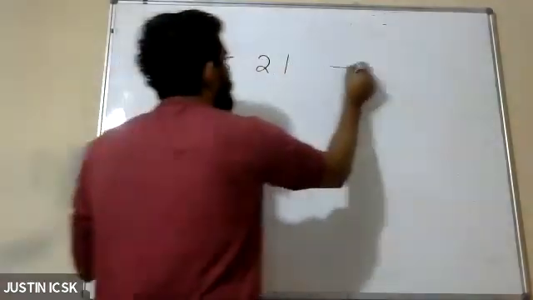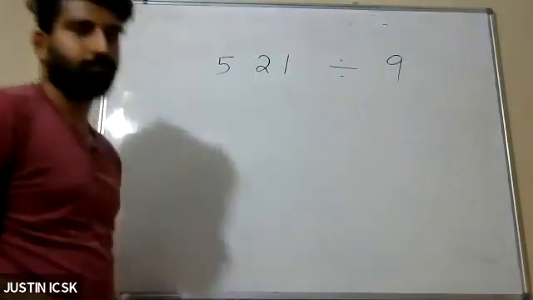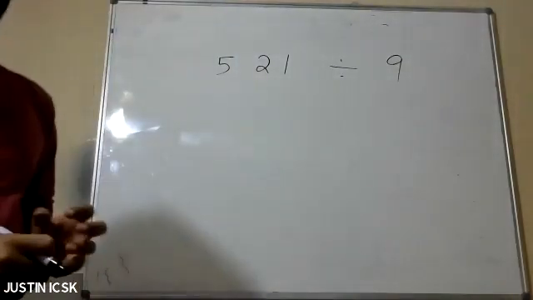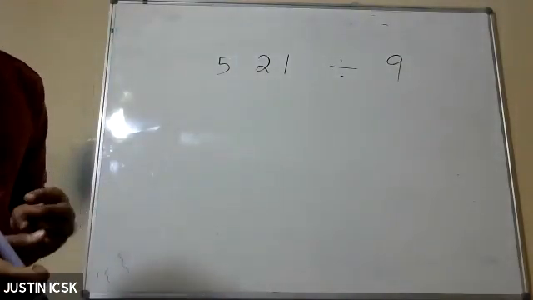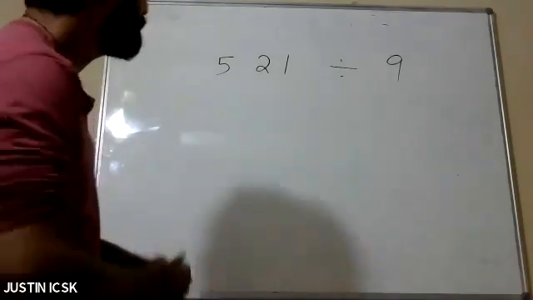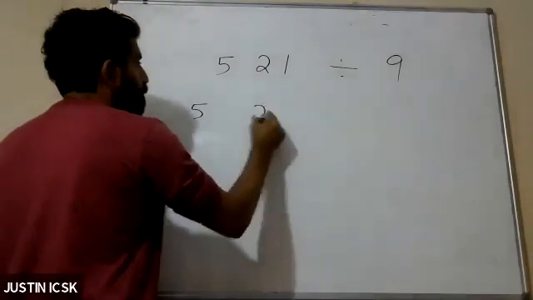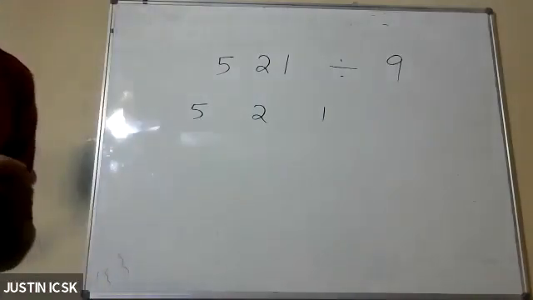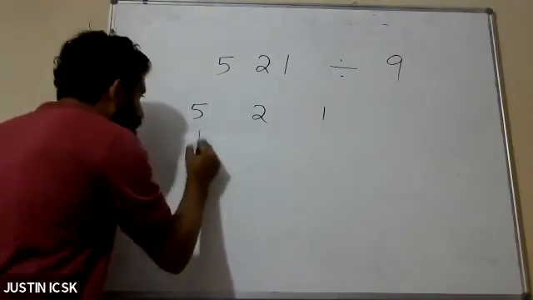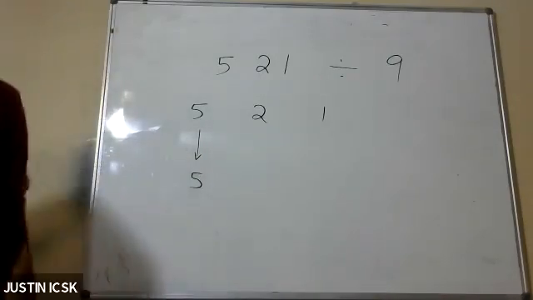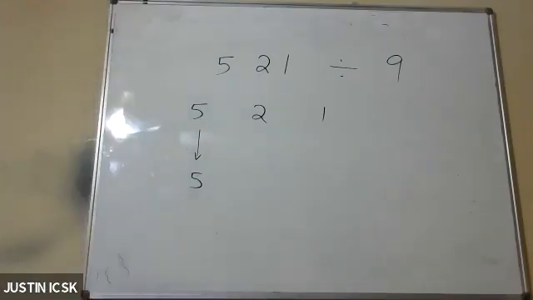521 divided by 9. Just write 5, 2, 1 like this, with a little gap. First I'll write 5.